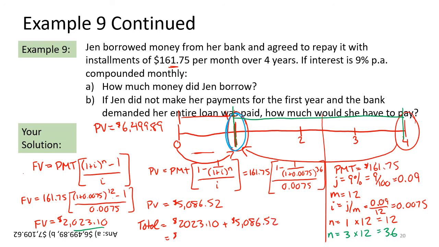If you add those up, you get a value of $7,109.62. And that makes sense, right? Compared to our first value, that was the original loan, she's earned all the additional interest by not paying her loan off. So you stop and do a kind of reality check and think, does that number make sense? The bank always wants to get their money.